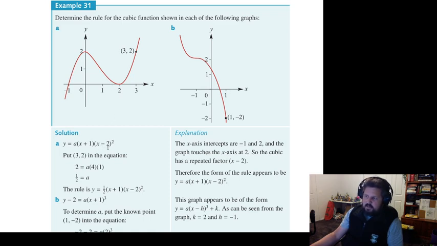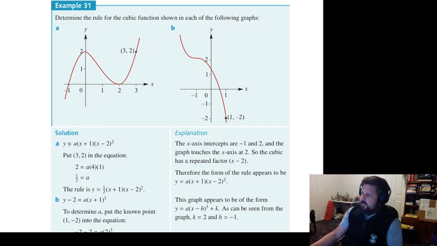It's going to just touch the x-axis at that point. So here at positive 2, you'll notice it's just going to touch the x-axis. It's not cutting at that particular point.